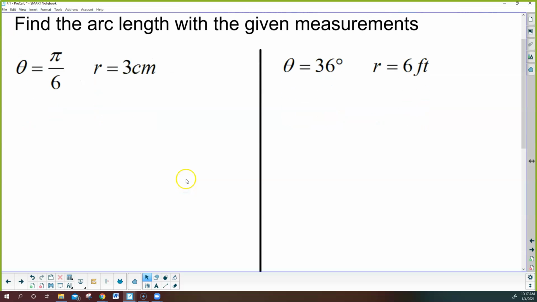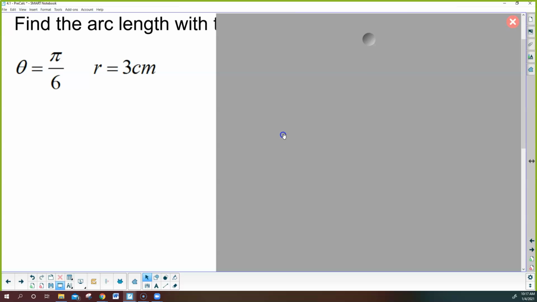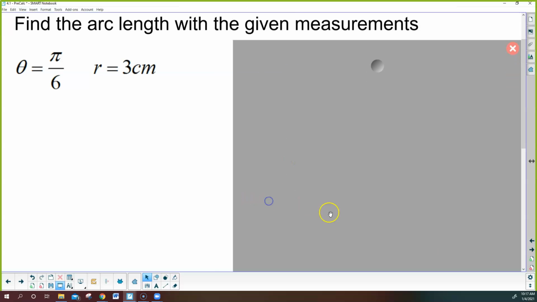So let's do some real quick problems here. Find the arc length with the given measurements. Theta is equal to pi over 6. Notice that is definitely in radians because pi is in the answer. And then we have the radius.